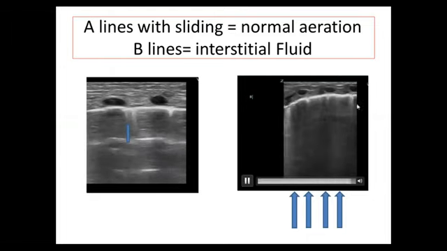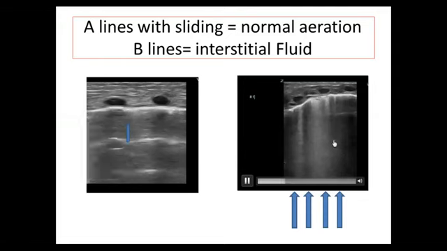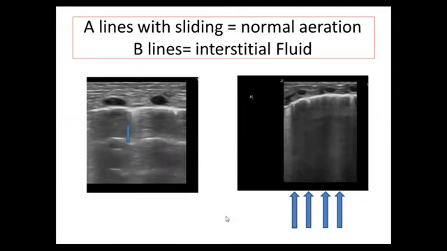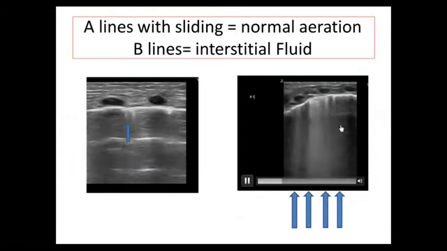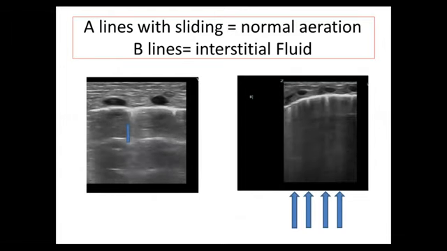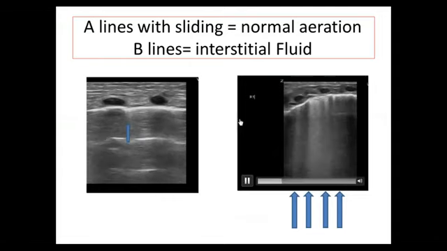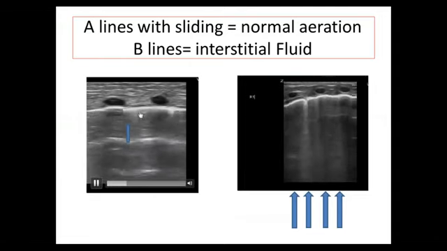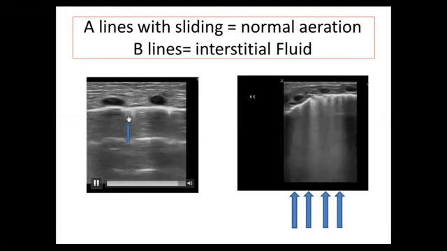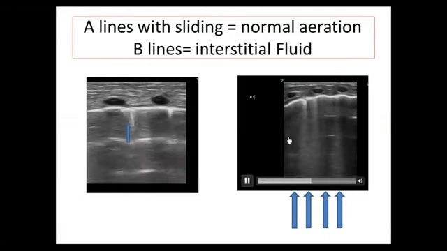You can see the pleura, and you have longitudinal B lines reaching the bottom, which is considered significant B lines. That's reflecting significant interstitial fluid. That's different from the image with the normal lung when you have just small B lines not reaching the bottom.